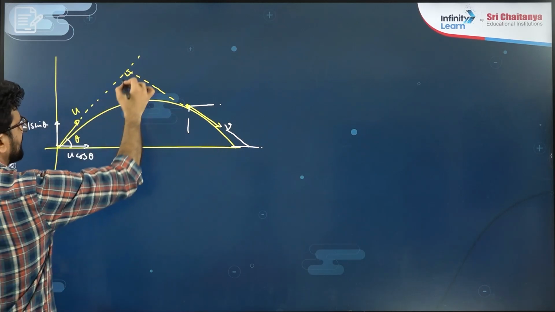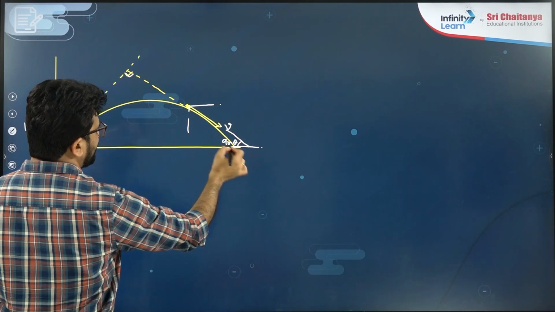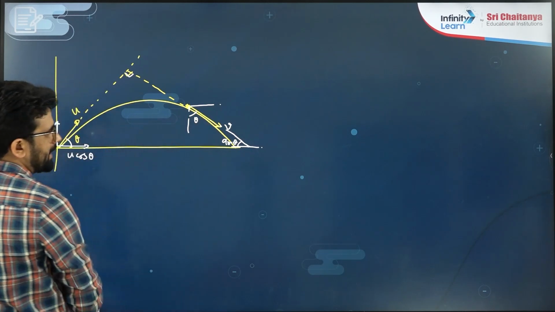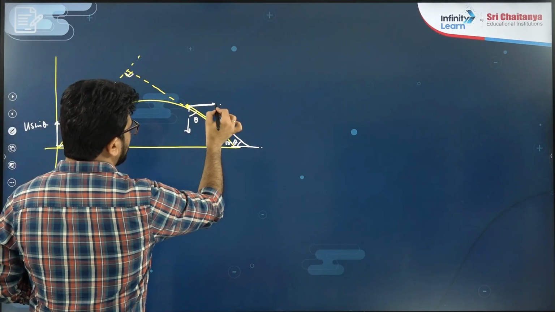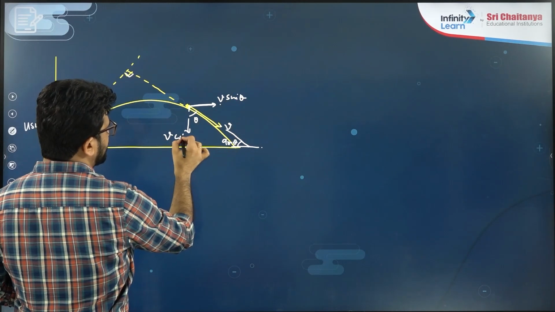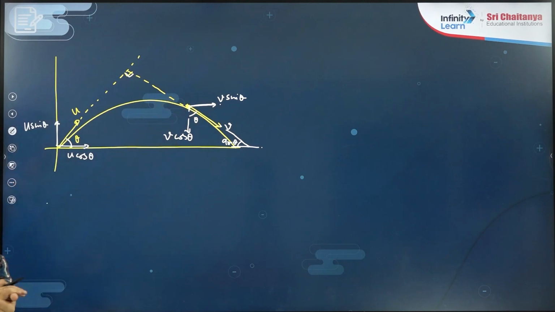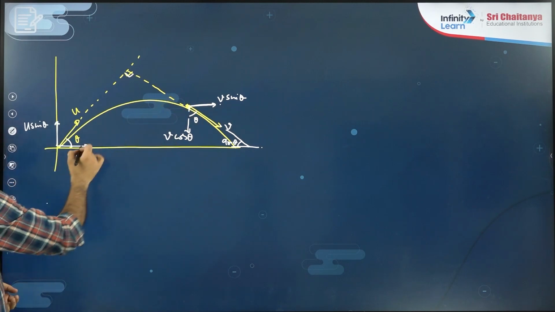This angle is theta, this is 90 degrees, so definitely this would be 90 minus theta. If it is 90 minus theta, this would be theta. That means I can say here this is v sin theta and this is v cos theta.